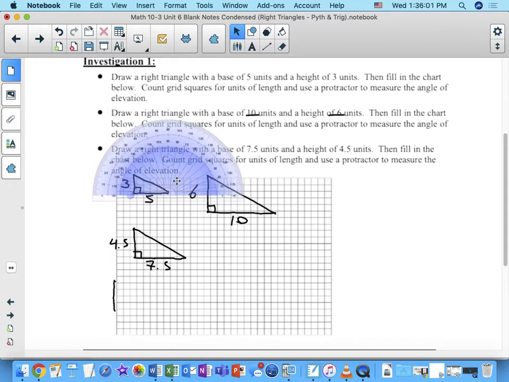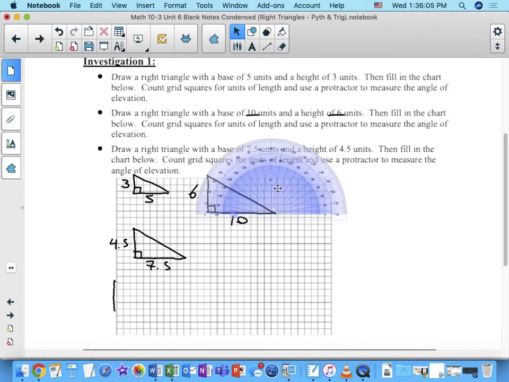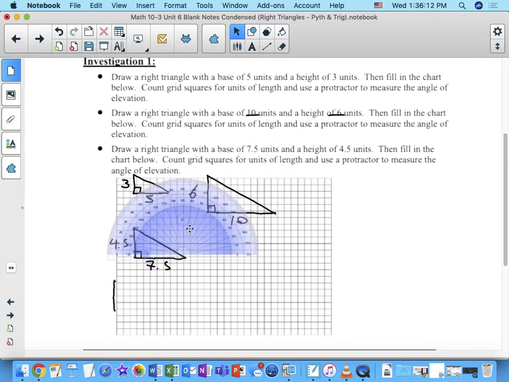And then you're going to do the same thing for this angle over here. And then you're going to do the same thing for this angle over here. You can see my line is a little wonky. Oh, wait, I got to move it over there. Okay? And you're going to just record it, maybe beside or inside the triangle. You can record what that angle is.